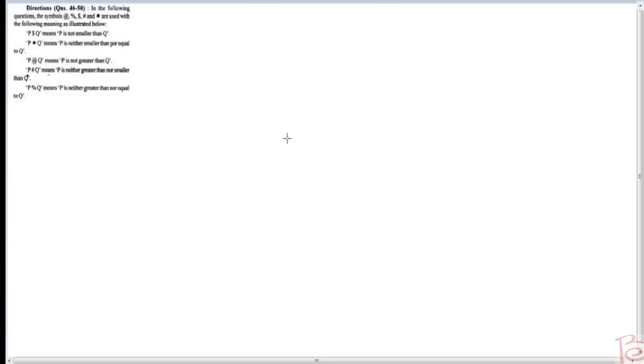Whenever you get this question in the exam, the first thing you have to do is draw this: greater than or equal to, smaller than or equal to, greater than, smaller than. Okay, you have to draw it as it is, and you have to draw some arrow marks as well.